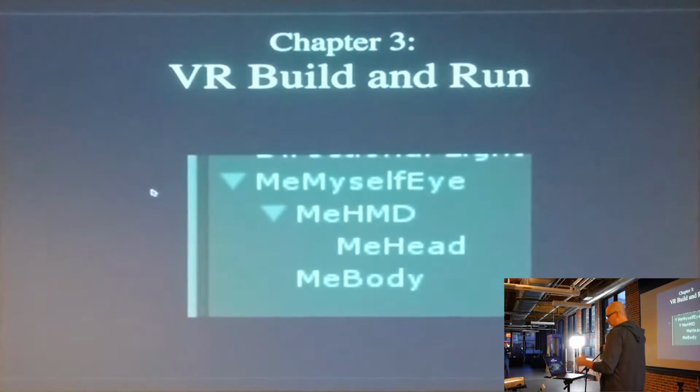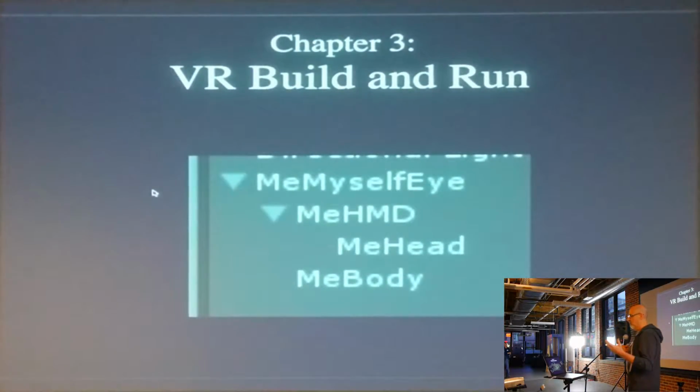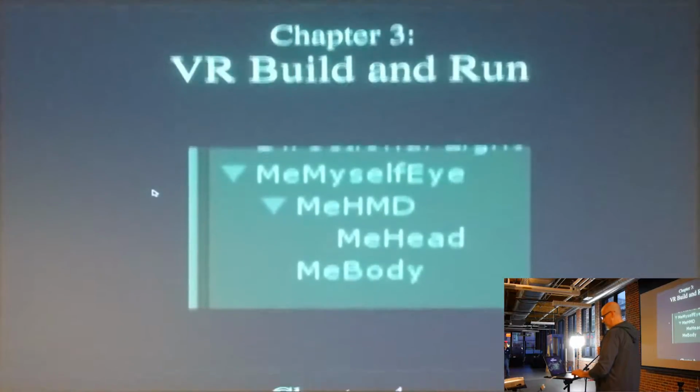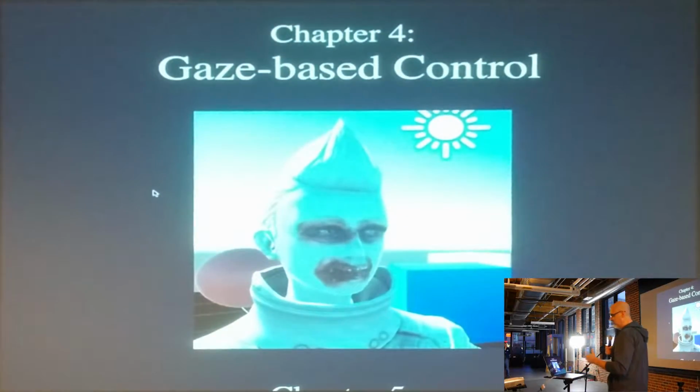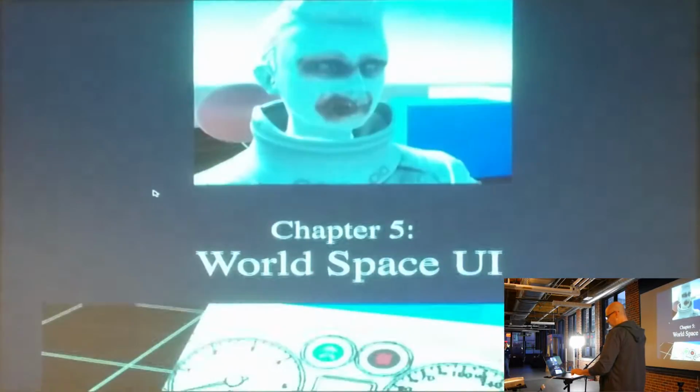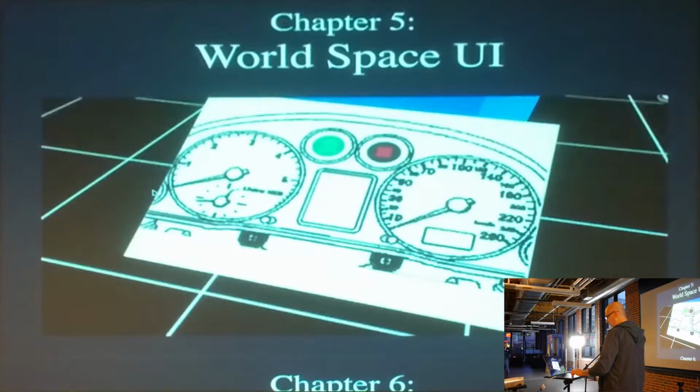Then we go into actually building and running your project, and the idea of having a model for yourself, the HMD and the body, and modeling that in your hierarchy. Chapter 4 goes into gaze-based control and user input using simple gaze-based techniques.